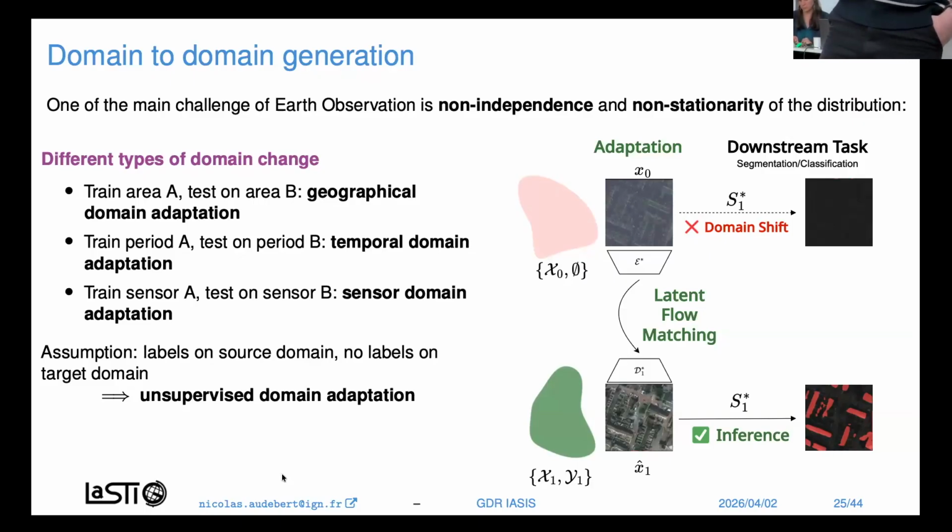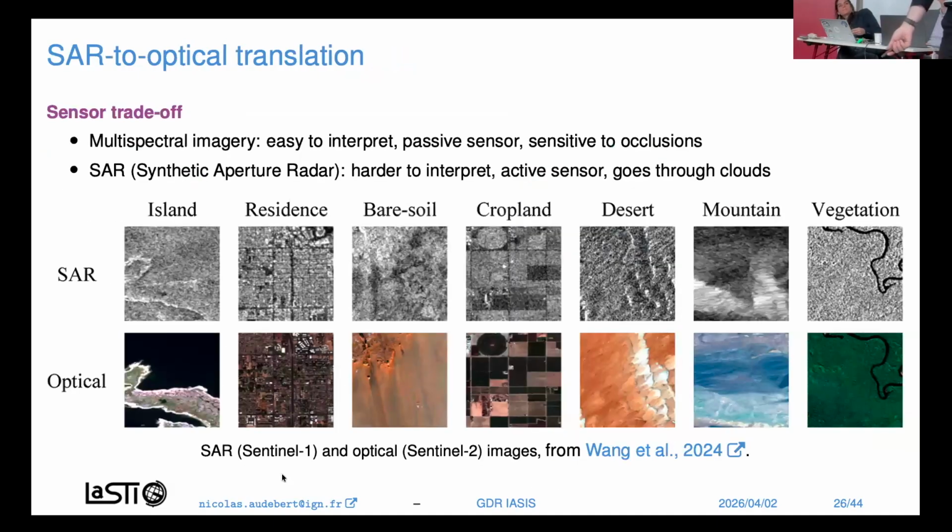And one example I will use is SAR to optical adaptation, which is you have a model that's trained to predict land cover mapping, for example, from optical images. But sometimes you have clouds. And because of the clouds, you have to use a SAR image.